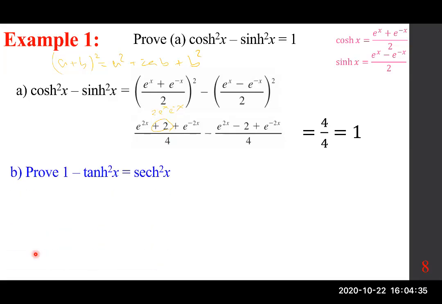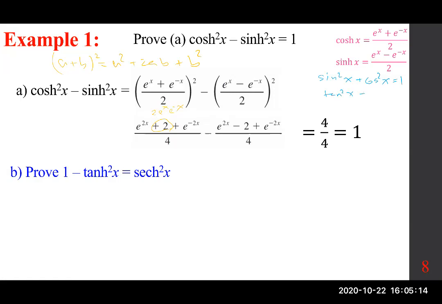Let's prove this identity: 1 minus hyperbolic tangent squared is hyperbolic secant squared. Now let's go back to the trigonometry. When we did the Pythagorean identity, just quickly refreshing your memory, class, sine squared plus cosine squared was 1.